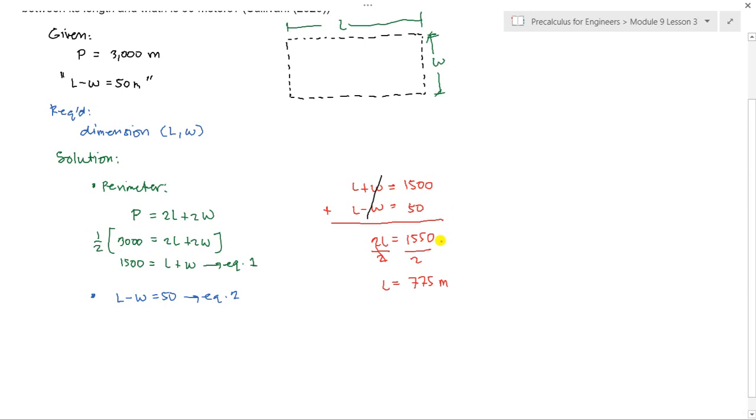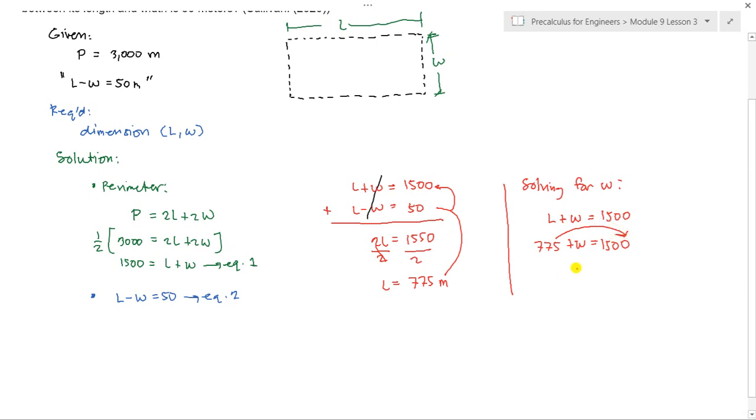How about for the width? So just substitute this value of length either of these two equations. So solving for width, solving for W, so I'm gonna use equation 1. That is L plus W is equals to 1,500. Length here is 775 plus W is equals to 1,500.